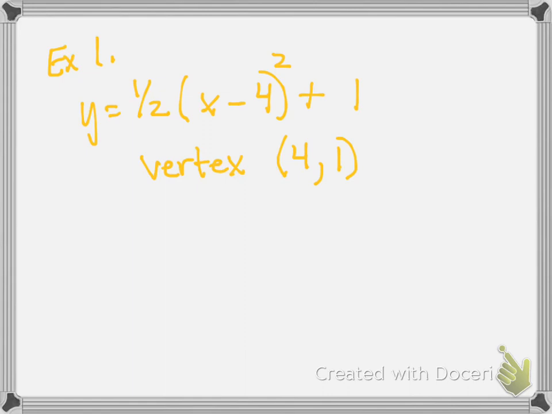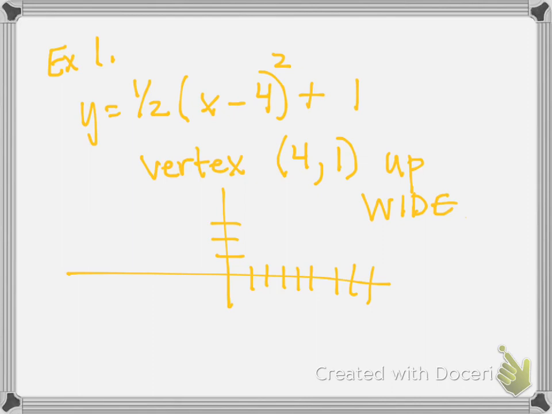Then the 1/2 out in front, because it's positive, the graph is going to open up. Because this is a fraction, it's going to be wide. And then you should be able to graph it. Over 4, up 1. And then up 1 over 2, up 1 over 2. So it's going to be wide.